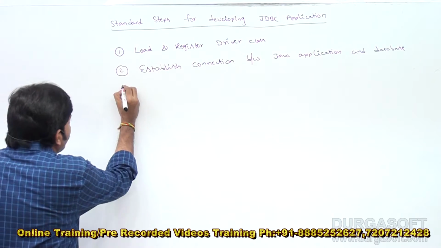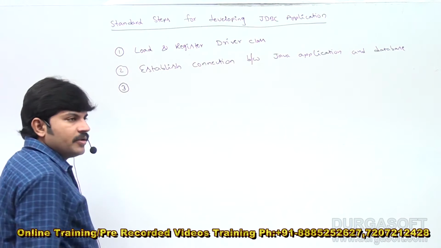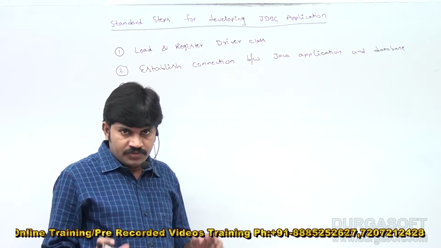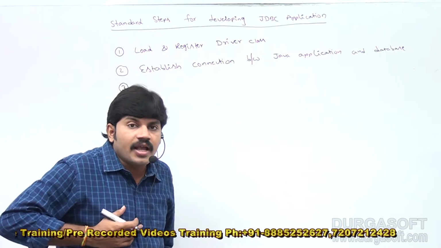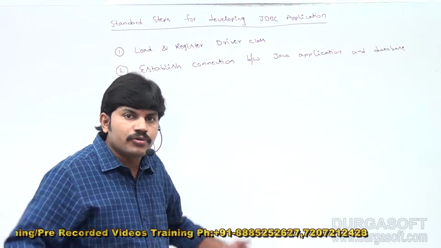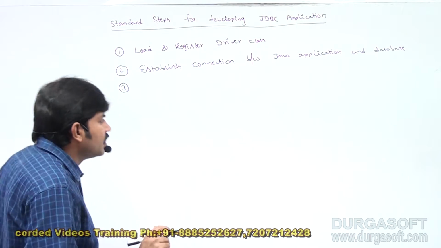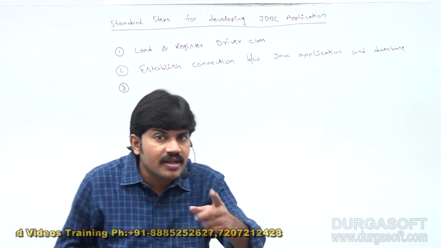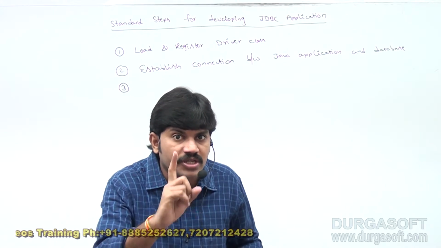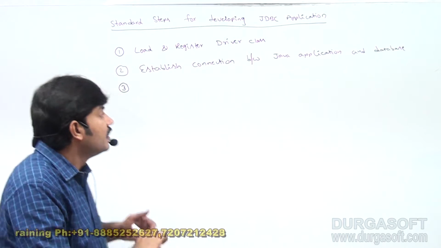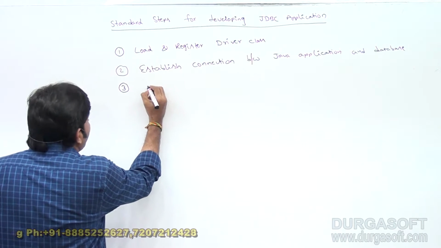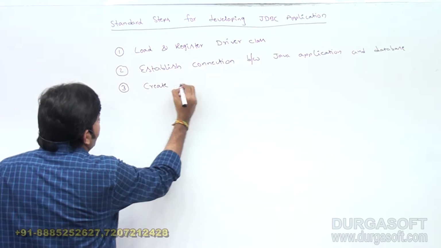Now what is the third one? Once the connection is ready, I have to send my SQL query to the database. To send and execute an SQL query to the database, we require one vehicle. That vehicle is nothing but the statement object. In the last classes I covered this clearly. Prepare or create the statement object.